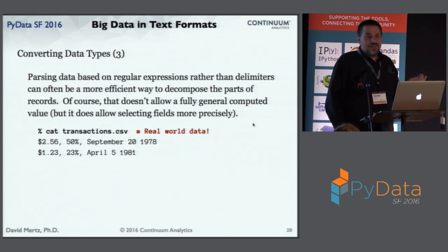Or maybe it's not really delimited at all, but it is line oriented. You can write a regular expression to pull out the parts of the data that are interesting line by line and present it in the same uniform interface, which ultimately is to get some part of it into NumPy arrays in memory.